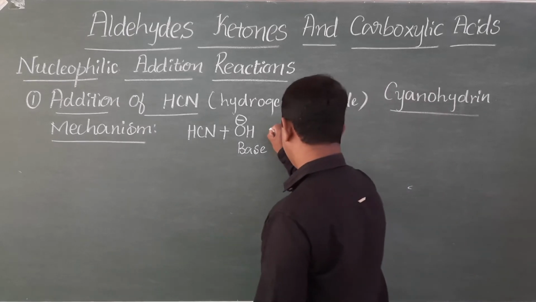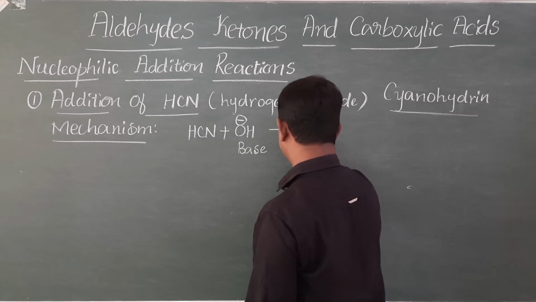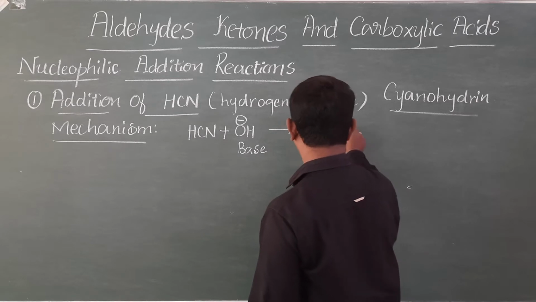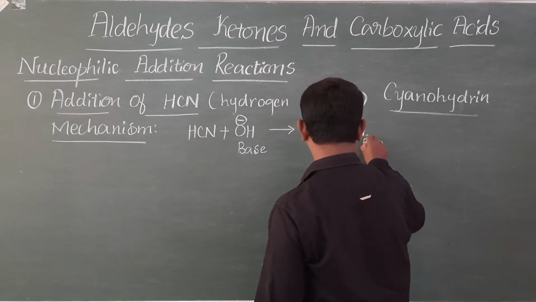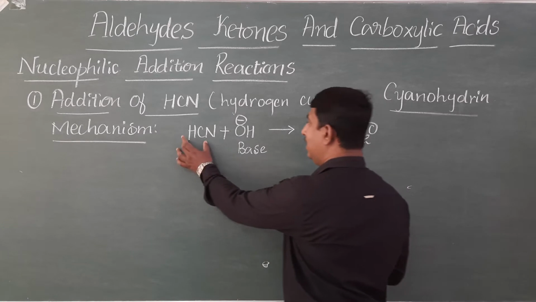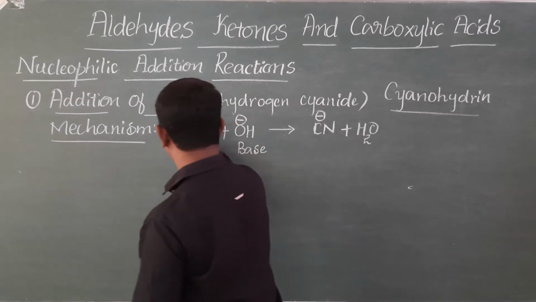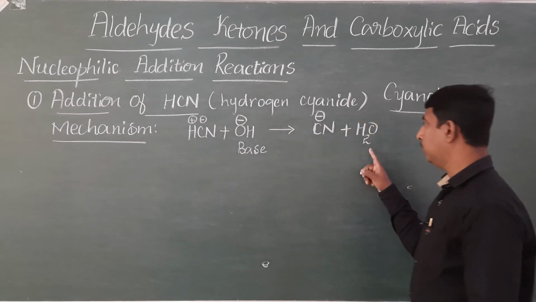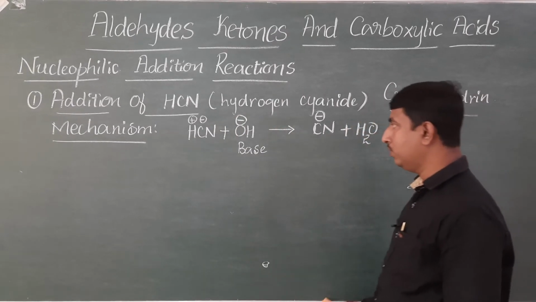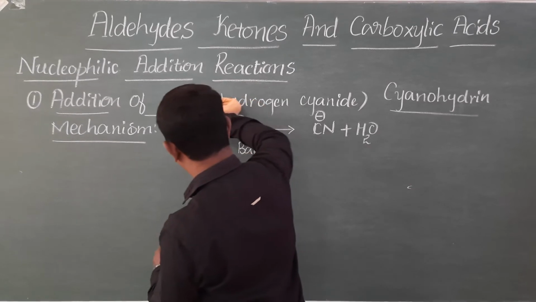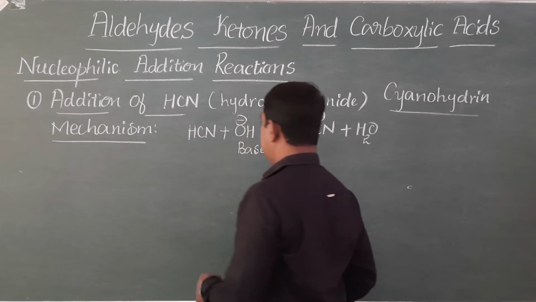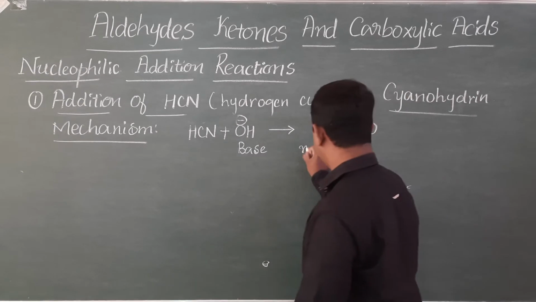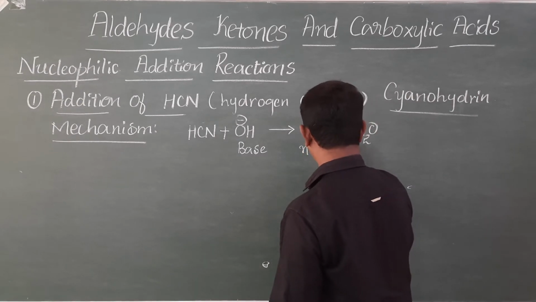As a result, we'll get CN minus along with H2O. The OH minus readily accepts H plus, forming H2O. So HCN combines with the base, forming CN minus. CN minus, what is this?